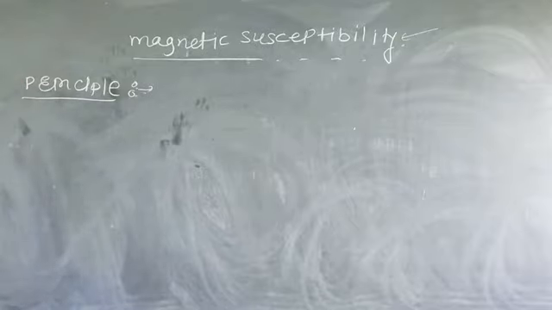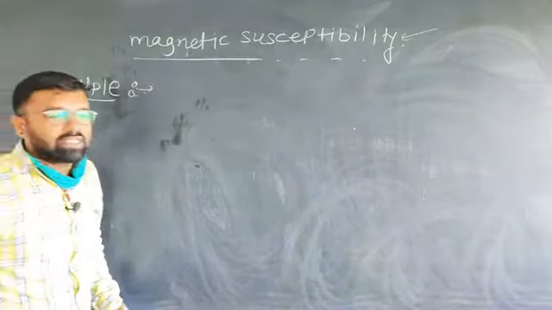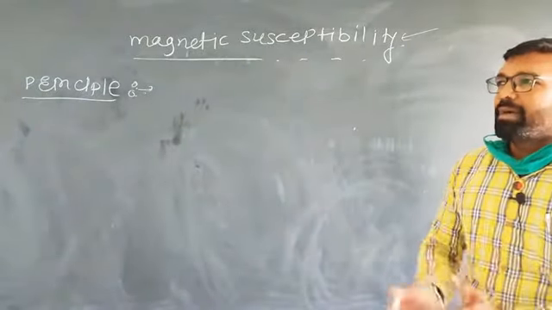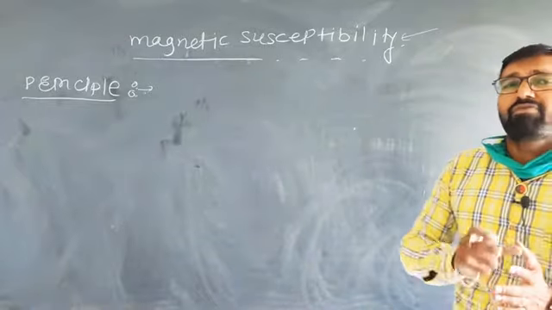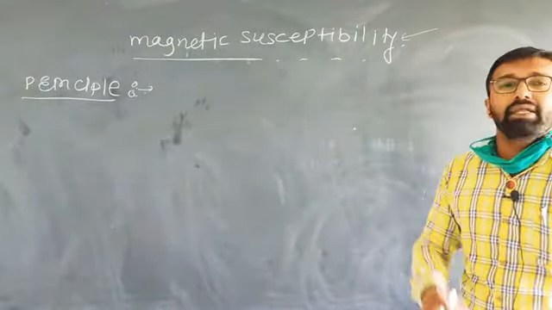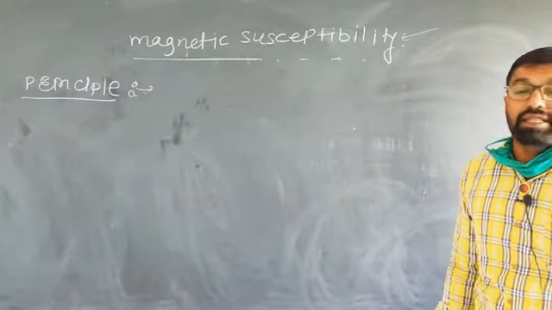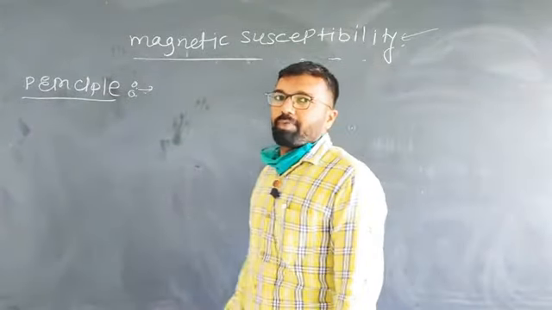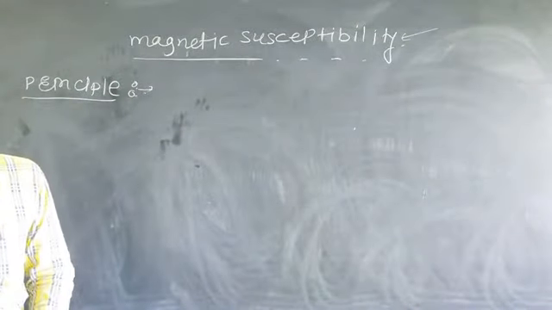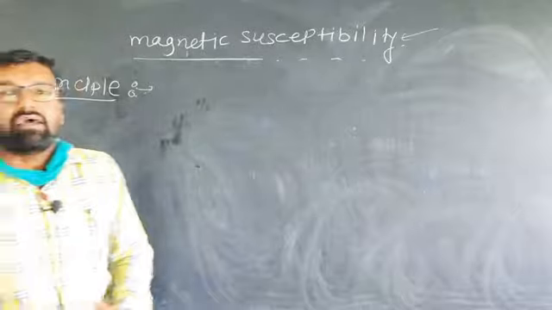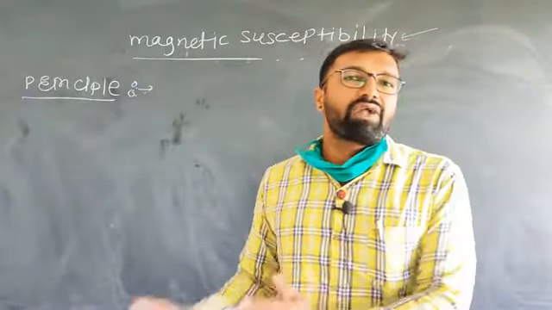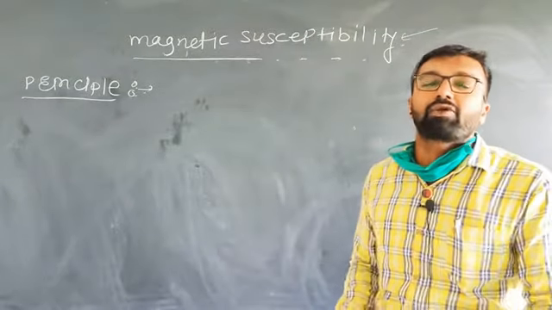In the magnetic susceptibility measurement, what we do is take a sample in the form of a cylinder, cylindrical form. Then place that sample in the external magnetic field, between the two poles of a magnet, and the change in the weight of the material when it is placed in the magnetic field, either weight increase or weight decrease depending upon the nature of the particular substance.